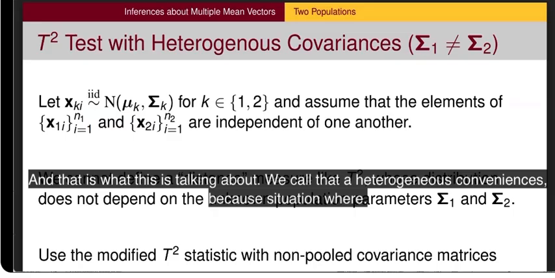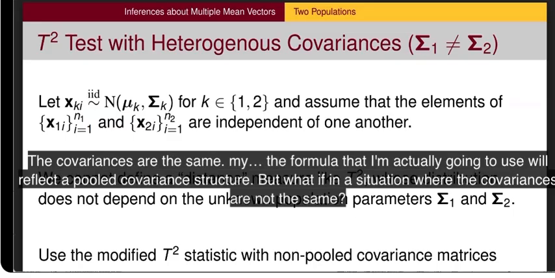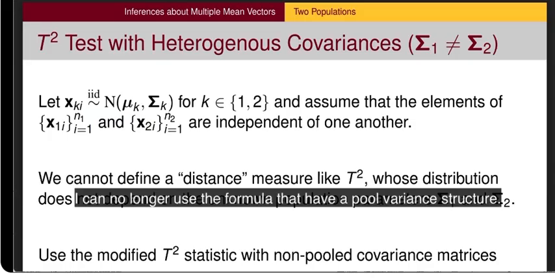In a situation where the covariances are the same, the formula that I'm going to use will reflect a pooled covariance structure. But what if the covariances are not the same? I can no longer use the formula that has a pooled covariance structure. Does that make sense?